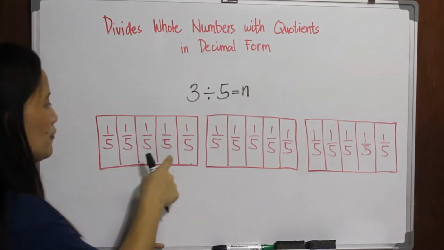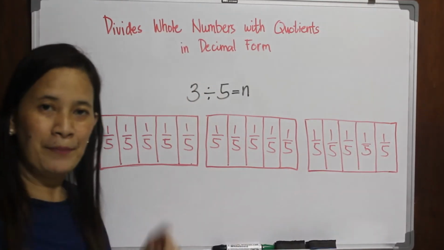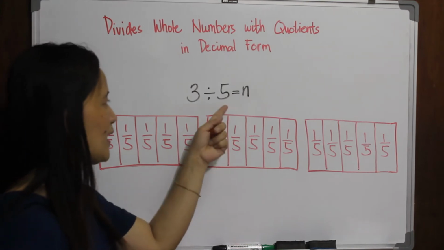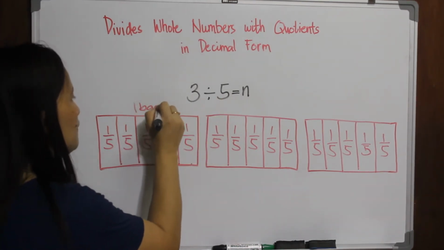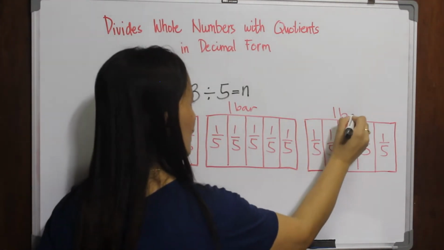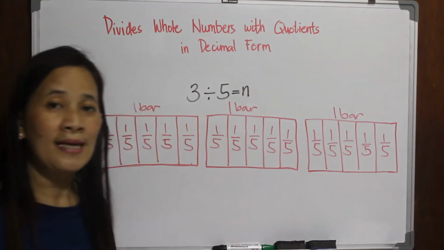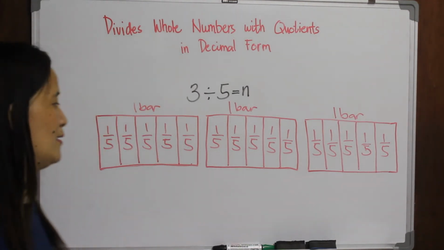So, 1, 2, 3, 4, 5 parts each bar of chocolate kasi nga we have 5 friends. So, ito yung 1 bar, 1 bar, and 1 bar. So, now, hatiin natin, tag-iilan ba yung bawat kaibigan niya?